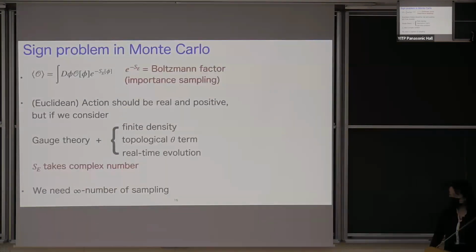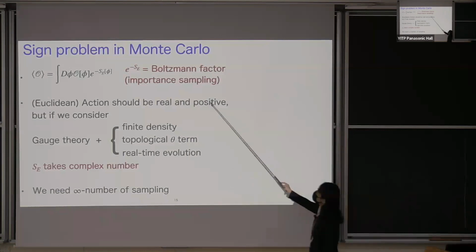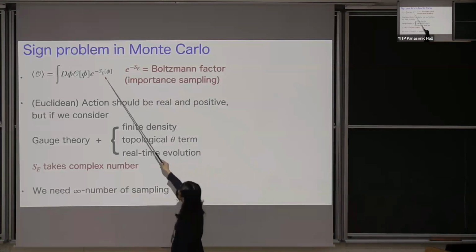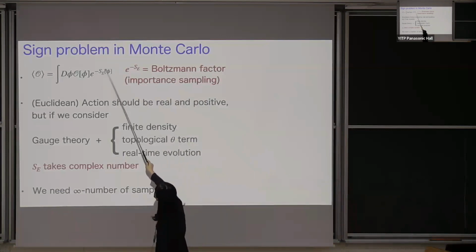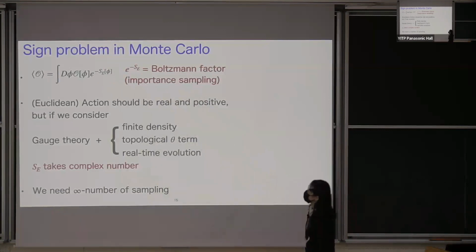In the previous example, I generated uniform random numbers, but honestly speaking, the usage of uniform random numbers is inefficient. And in the quantum system, the classical configuration is favored. So to generate the configurations efficiently, we use the exponential of minus the Euclidean action as a Boltzmann factor. It is called the importance sampling method.